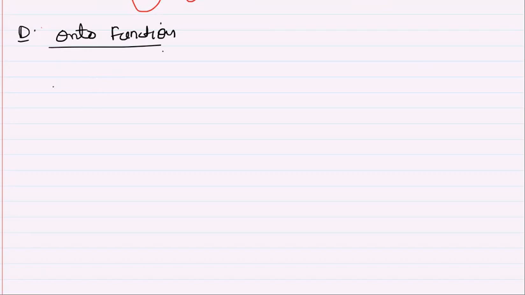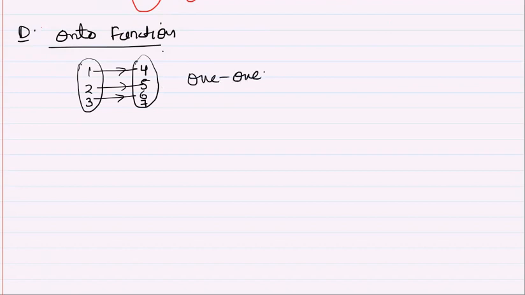So onto function means like this 1, 2, 3 and this 4, 5. If I connect them like this, and you can say 6, 7, so this is a one-one function, right?